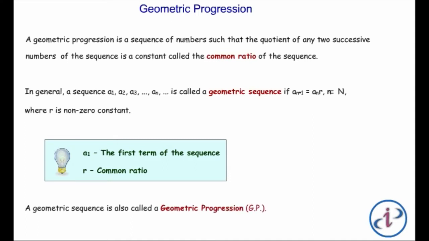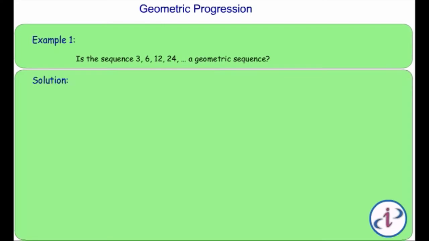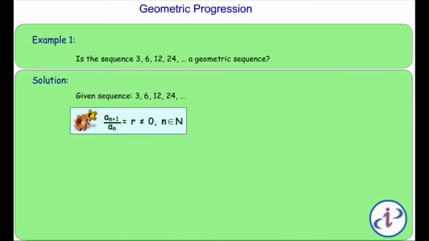Let us see some examples where we check whether the given sequence is a geometric sequence or not. Example 1. Is the sequence 3, 6, 12, 24 and so on a geometric sequence? Solution. A sequence is a geometric sequence if An+1 divided by An is equal to r, which is not equal to 0.